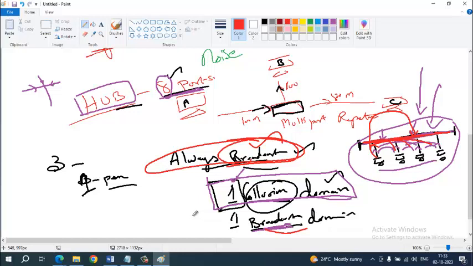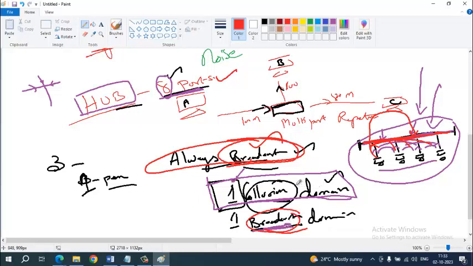See, everything is interconnected. Why is it 8-port? Because you got only one collision domain. If you have more than eight ports, and more devices are connected, the architecture cannot support it, because there is only one controller. Not only that, if you want to send to everyone, it is the same one controller which is also taking the traffic to everyone.